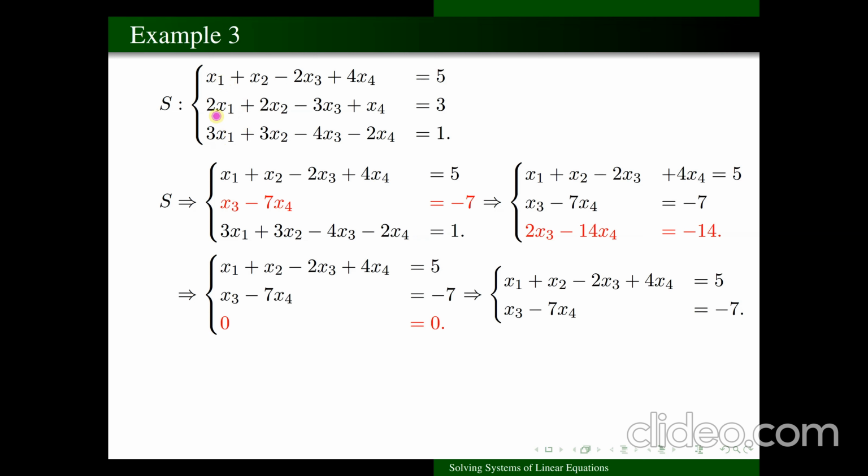So, multiplying -2 to the first equation and adding the result to the second equation, we get this new second equation. And multiplying -3 to the first equation and adding the result to the third equation, we get this new third equation.